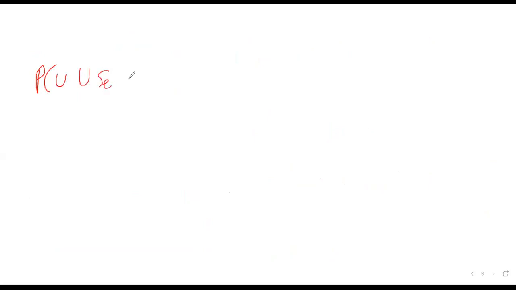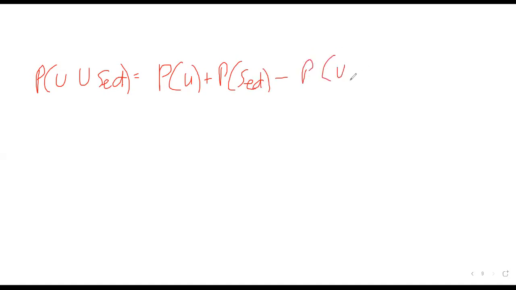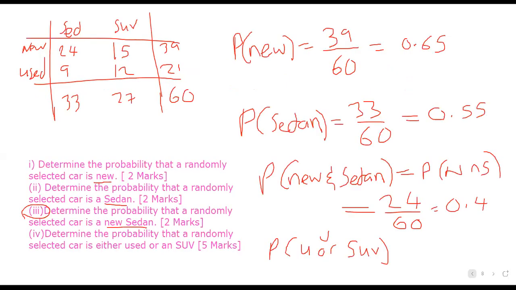So who can expand this formula? This is probability of what? Used, plus probability of SUV, minus probability of used intersection SUV. Excellent. So what's the probability of the used? 21 over 60.